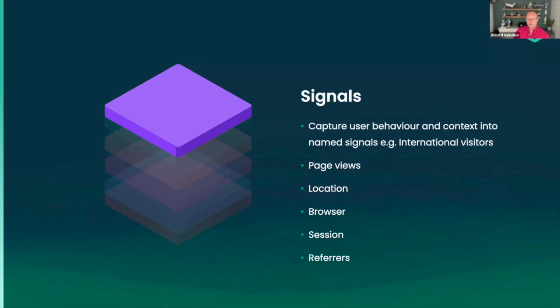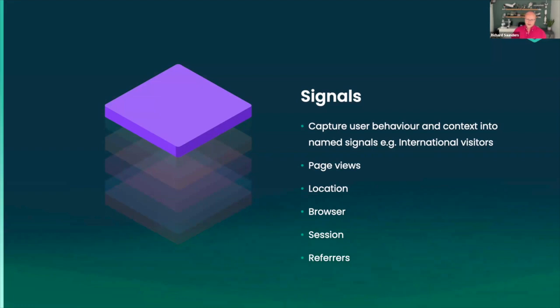So the first element is signals. And this is all about capturing user behavior and understanding the context of a visitor coming to your site. And we want to be able to name and create sets of signals that will fundamentally become the definition for our audiences. So we can look at things like pages that they viewed, maybe based on the full URL or part of the URL.